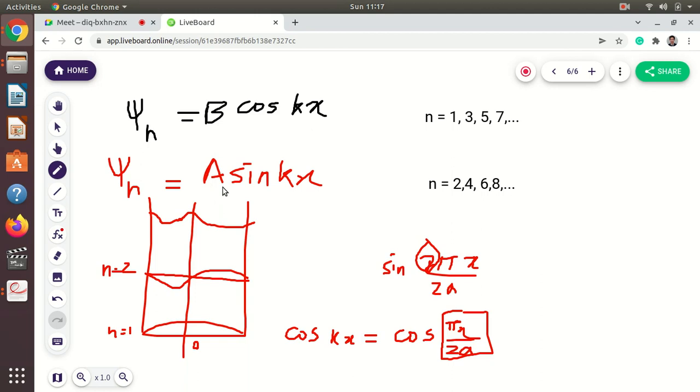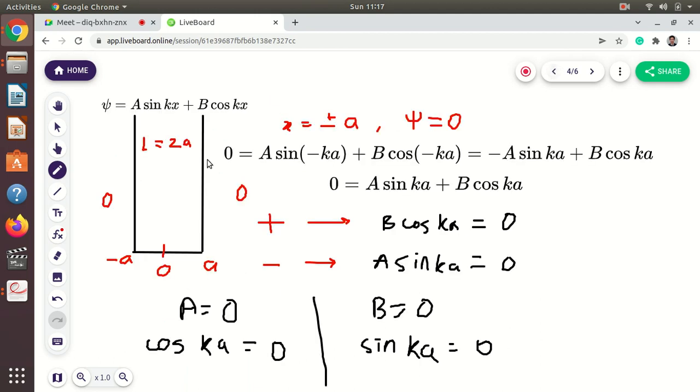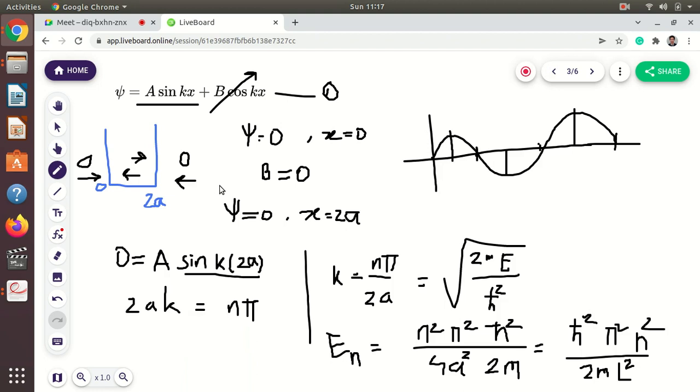Why am I talking about this? It is a little difficult, because if you solve using the asymmetric well, all the wave functions are sine functions, so you don't have to worry about sine and cos. But the problem is that we cannot define even and odd functions. So that is the benefit of the symmetric type of well.